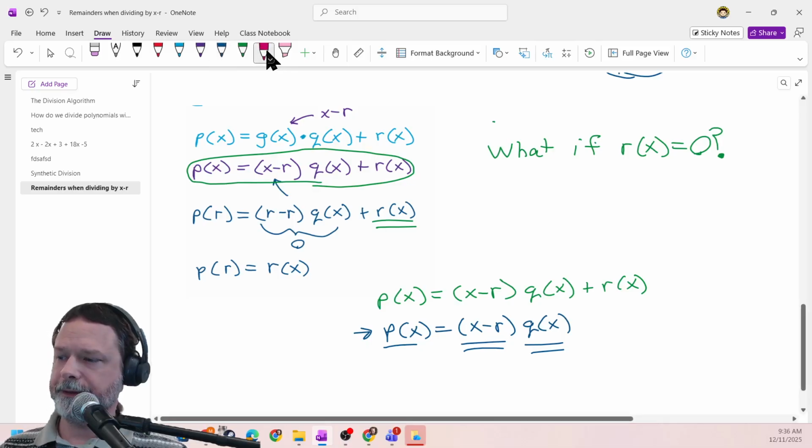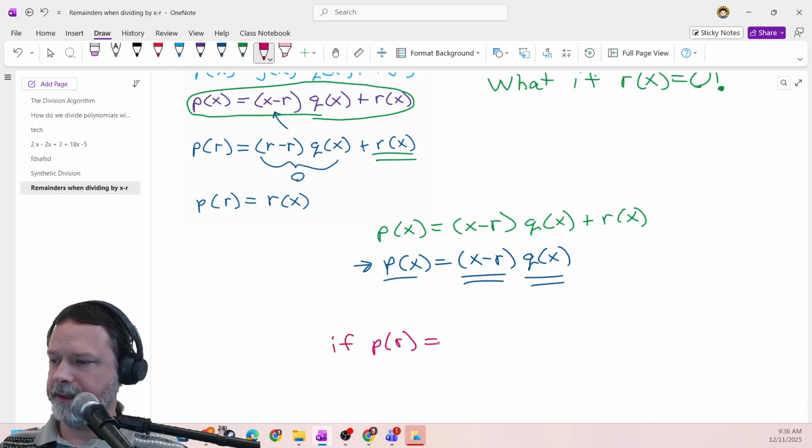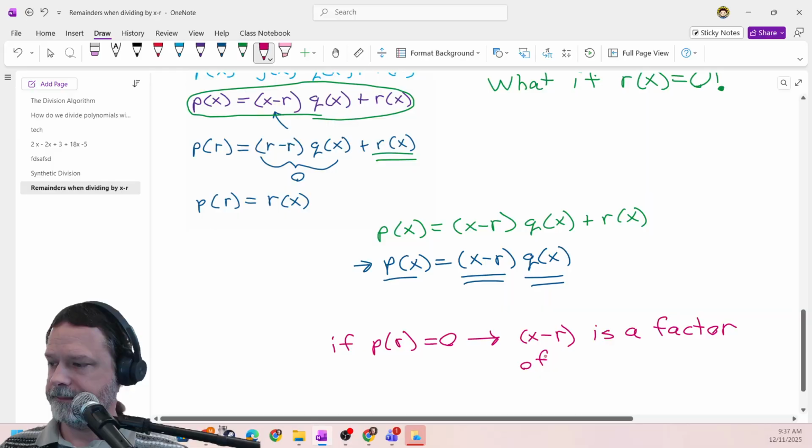So in other words, we can go further with this, and that is to say if p of r equals 0, then x minus r is a factor of p of x.